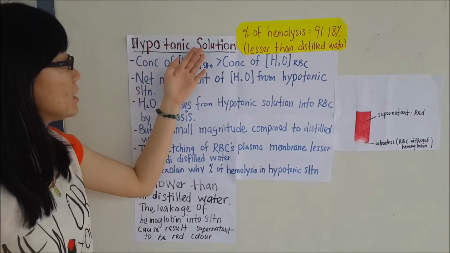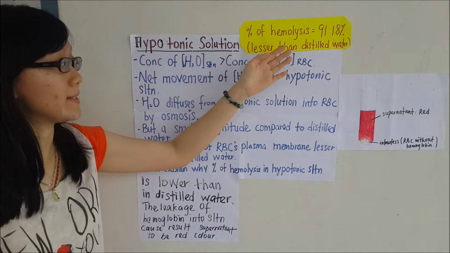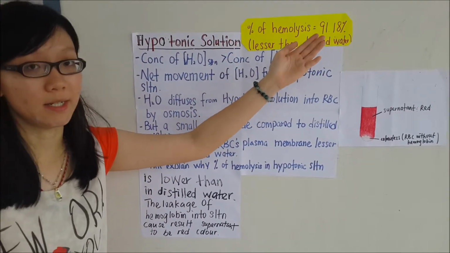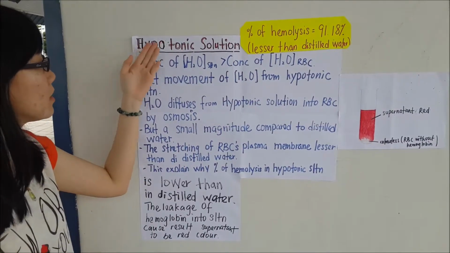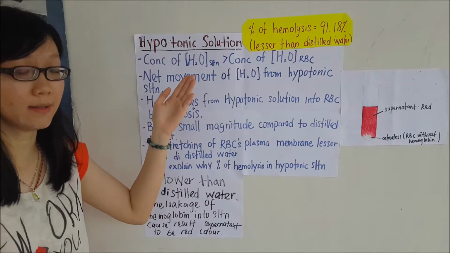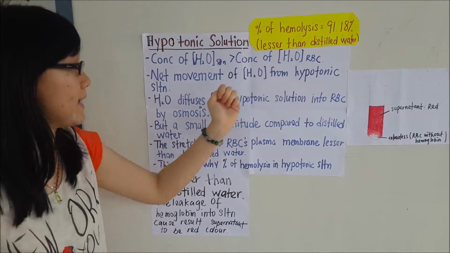So for the hypotonic solutions, the percentage of hemolysis of our red blood cells is 91.18%, which is lesser than the distilled water. For the hypotonic solutions, the concentration of water molecules in the solutions is higher than the concentration of water molecules in the red blood cells.